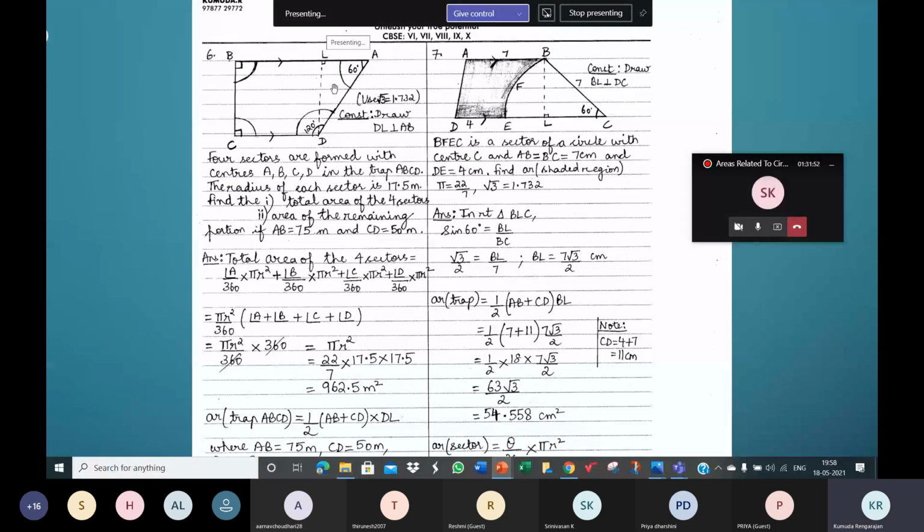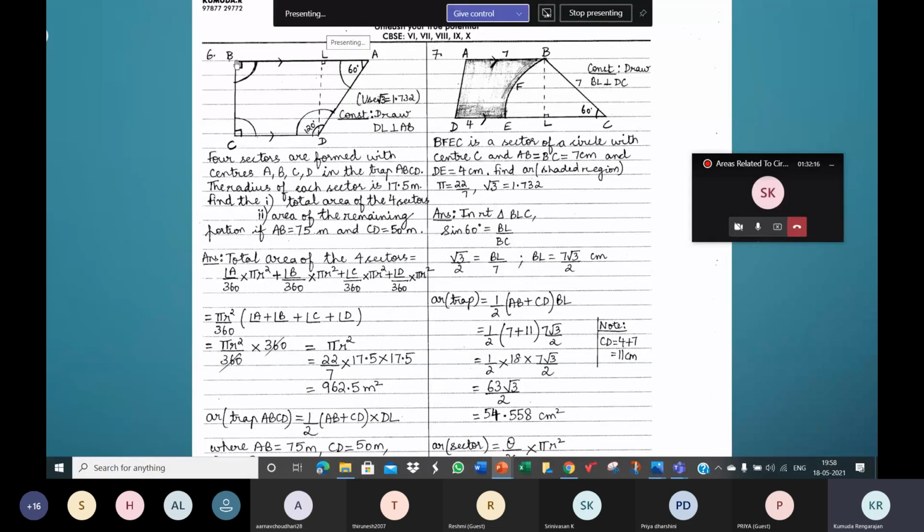And now let's see how to use trigonometry. In triangle DLA, a right triangle, we know that this angle is 60 degrees. We also know that AB is 75 meters, and CD is 50 meters, so LB is also 50.